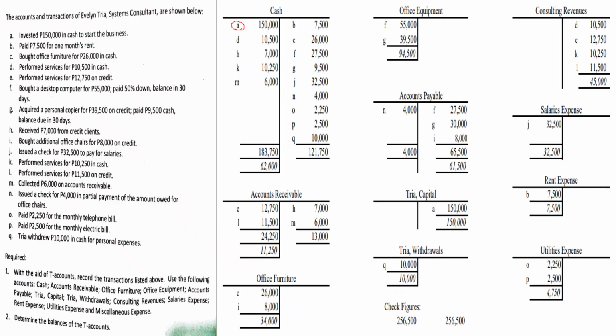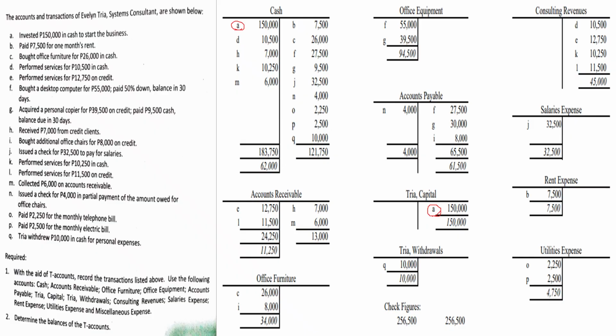So we place debit here in the T account, 150. And aside from that, we know that the capital will also be increased. And capital is increased on the credit side. So on the T account for capital, we place here the credit of 150.